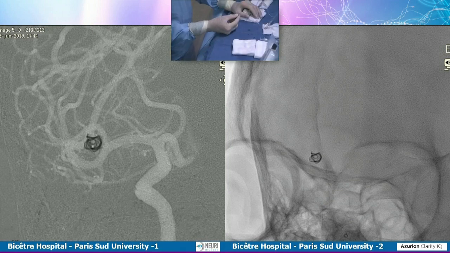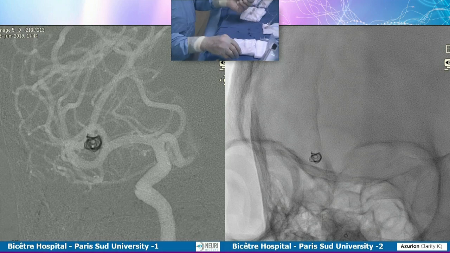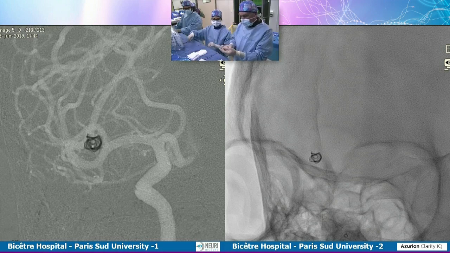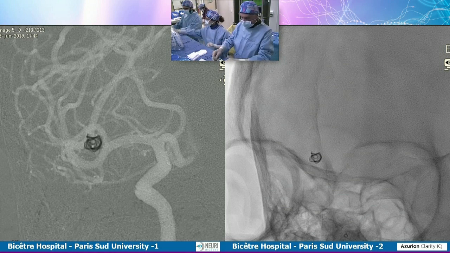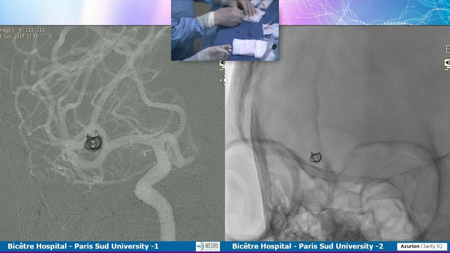It's not possible to inject dye through the Phenom 27 when you have a 17 microcatheter within it. So you see here the Phenom. And so they have to inject the dye through the Infinity long sheath, which has a larger lumen. So this is probably the second coil.